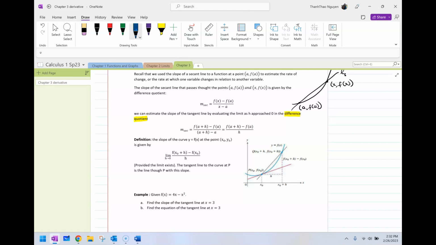Let's say the secant line passes through the curve at two points. This is A, f of A, and A plus h, f of A plus h.